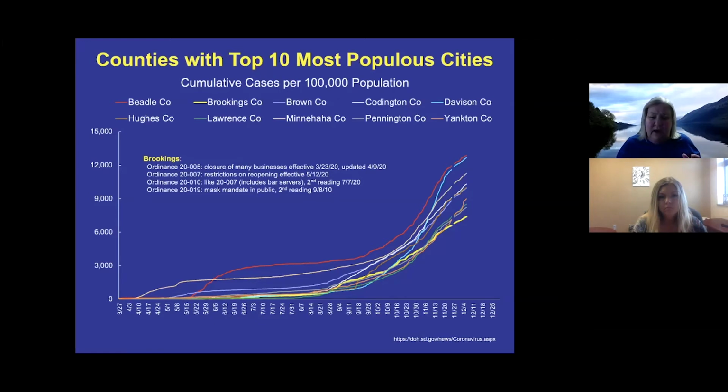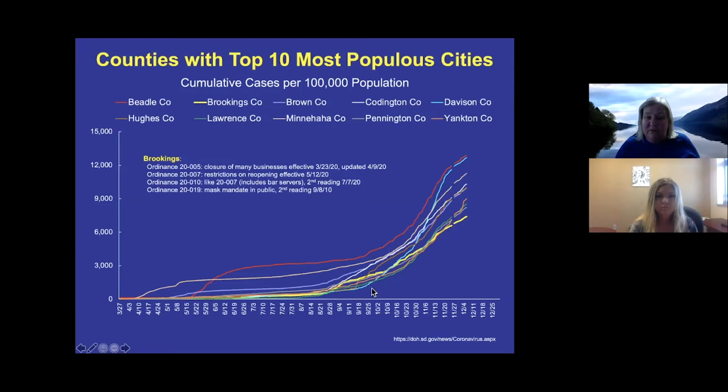If you look at Codington County, for example, this white line, we were having increases at the same rate as Codington County. These two, the blue line and the yellow line, are very parallel right here, going up together. Brookings slows down and Codington continues to increase to where now they're the 4th highest county, whereas Brookings slowed down.